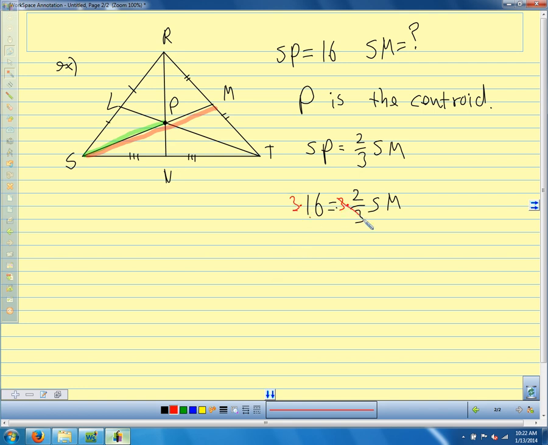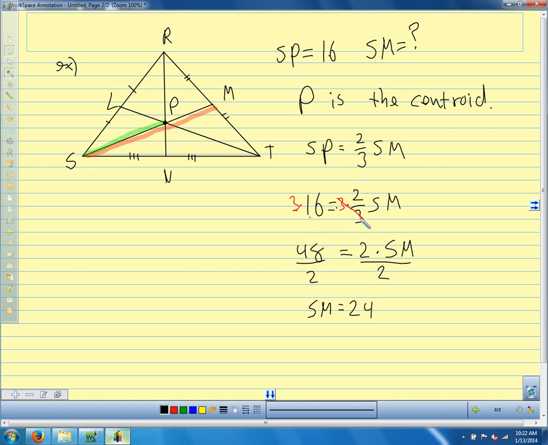These will cancel. 3 times 16 is 48, equals 2 times SM. Now what do we do? Divide by 2. SM equals 48 divided by 2 is 24.